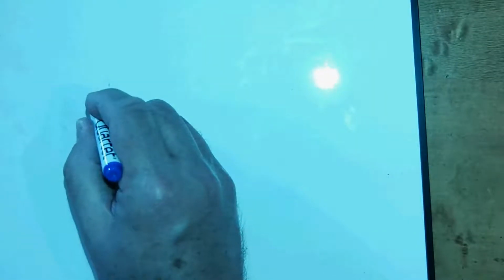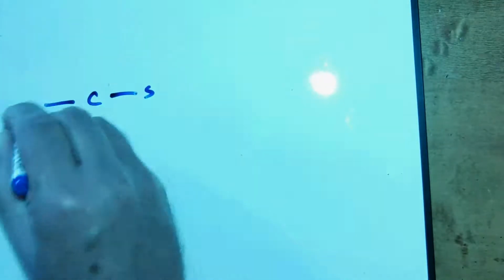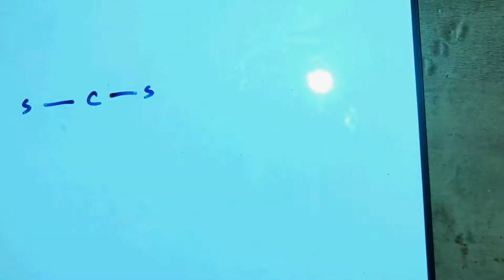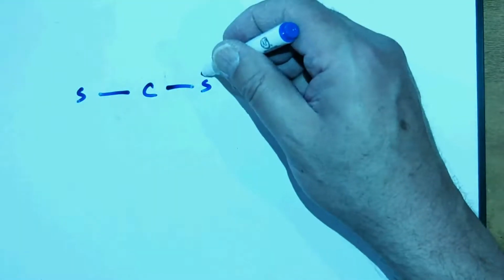Now, our central atom here, of course, will be the carbon. So we'll start with our carbon atom in the middle, connect it to a sulfur, connect it to another sulfur. There's our skeleton structure. The rules say complete the octets of the outer atoms.